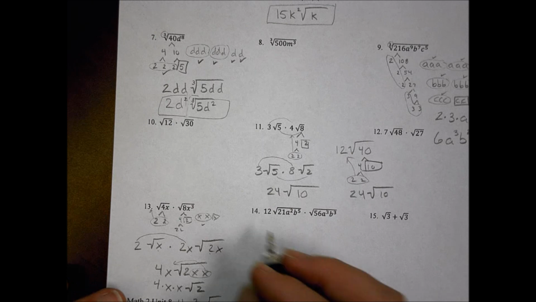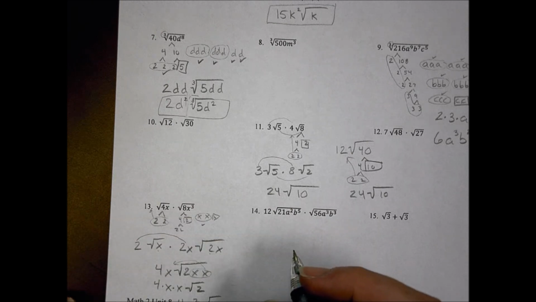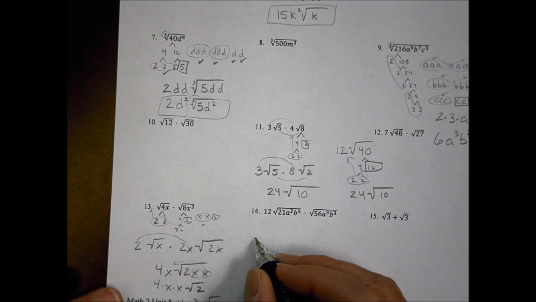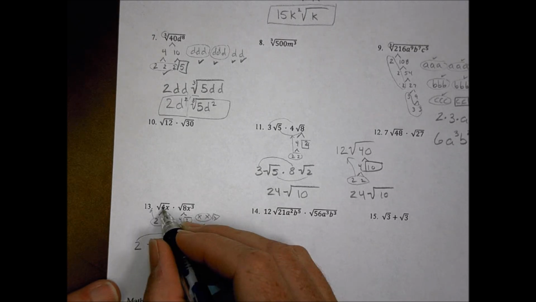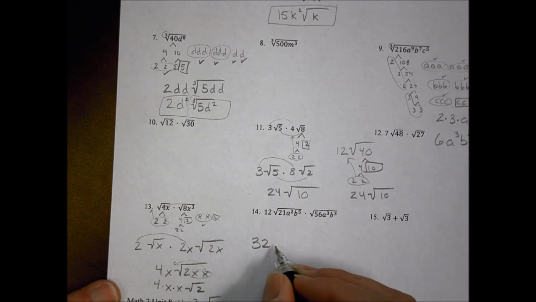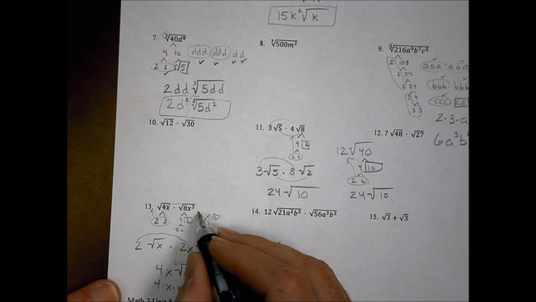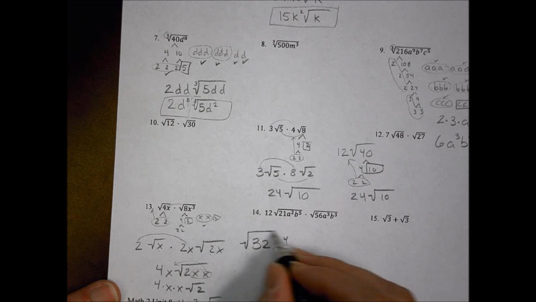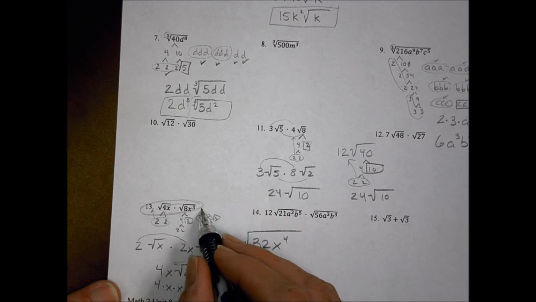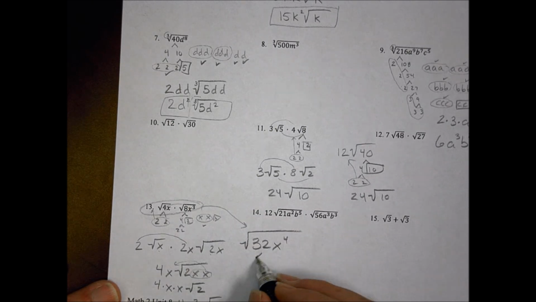Again, you could put it all together at first if you wanted to. It's a little bit crazy, but you could. We could say that 8 times 4 is 32, and this is x to the 4th power, and that becomes a square root. 32 becomes 16 and 2.